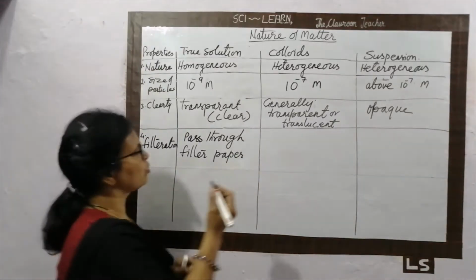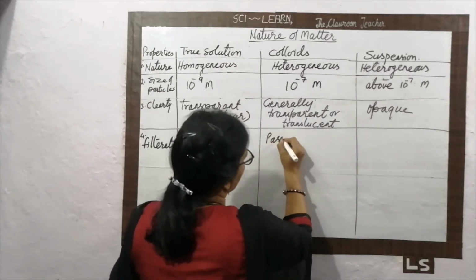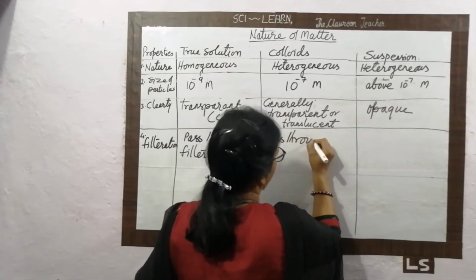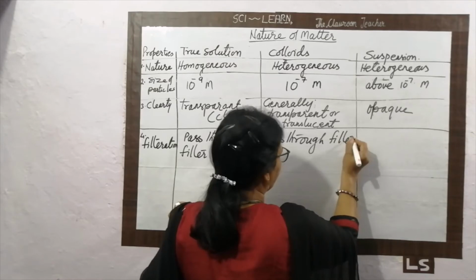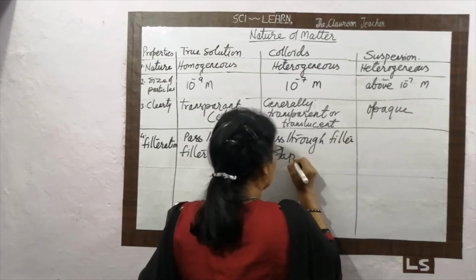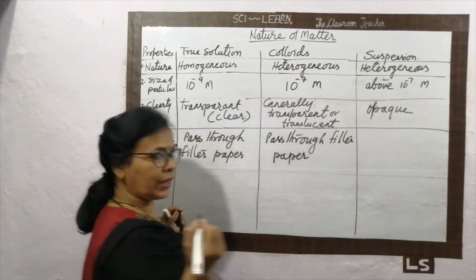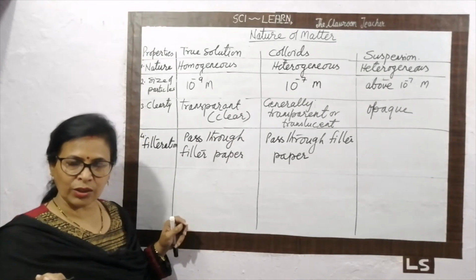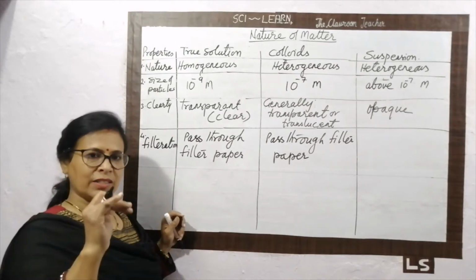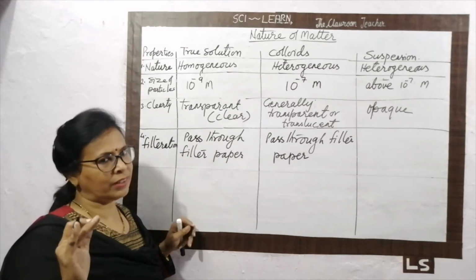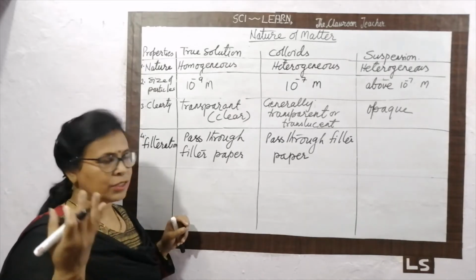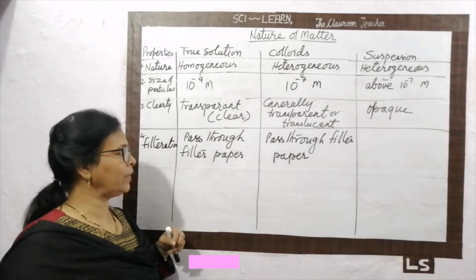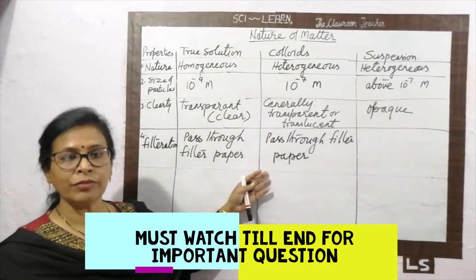A colloid also passes through filter paper. In the early morning, your mother takes the milk from the milkman with the help of filtration only. No substance is deposited on the filter, no chenna or milk material remains there. So it also passes through the filter paper.